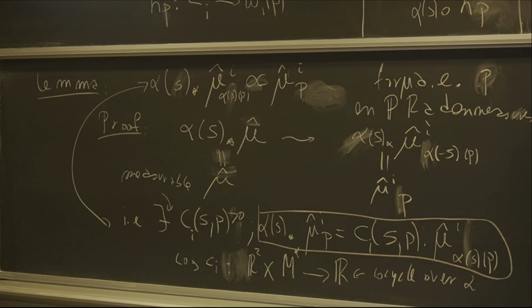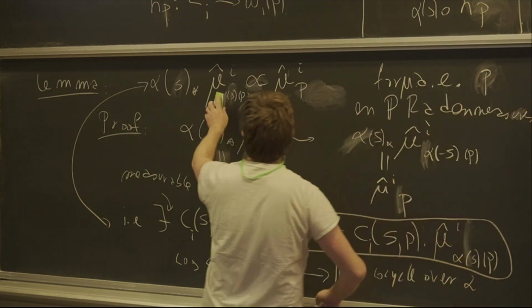You could keep it that way, but you could push forward using alpha negative S. But I wanted to go that direction, so I'm good then. And then this is P, and then this is the measure here. Okay, good. Let me go back to here.